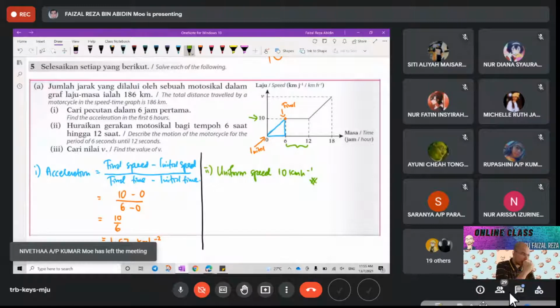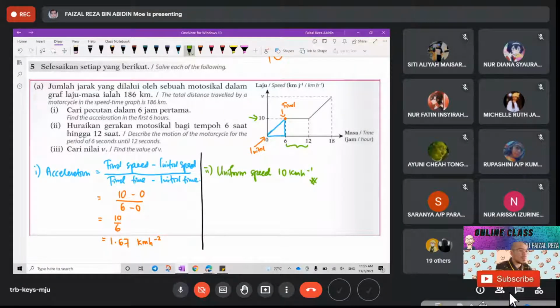For number 3, find the value of V. How do we find the value of V? By looking at the distance, which is given already. The total distance is given, and we know that the area under a graph is the distance.